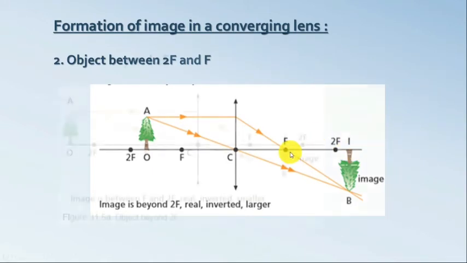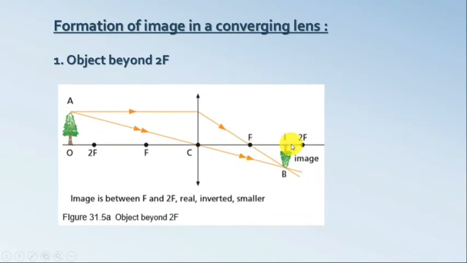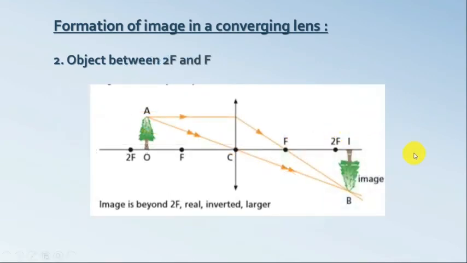In the previous case, it was here between f and 2f. Here, it is beyond 2f. It is real. If I put a screen, I'm going to see it. It is inverted, but here it is what? Larger than the real object. Here is the object, here is the image. The image is larger. This is the second case.